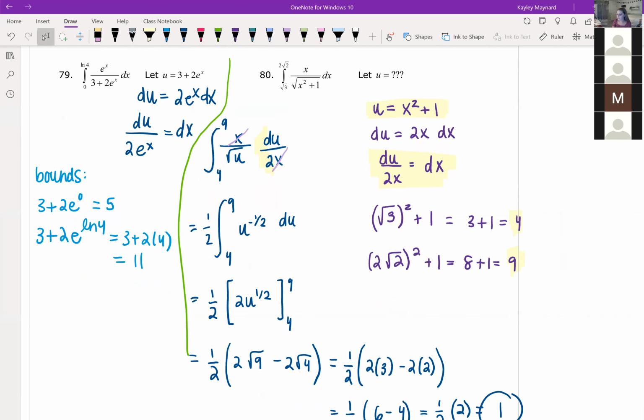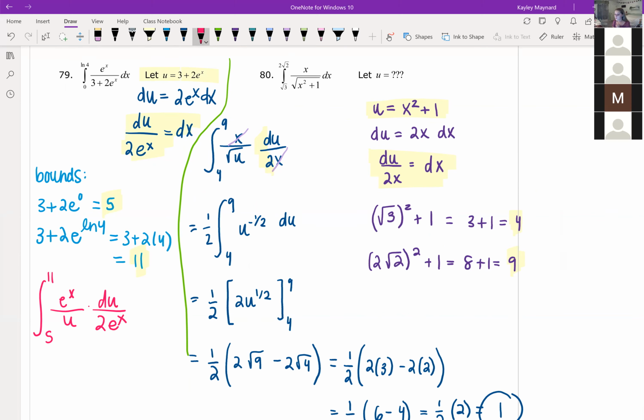Okay, so let's take everything we have. We have this relation, and we've also got this thing for dx, and we've got our bounds as well. So let's make that substitution. This is the integral now from 5 to 11 of e to the x over u times du over 2e to the x.